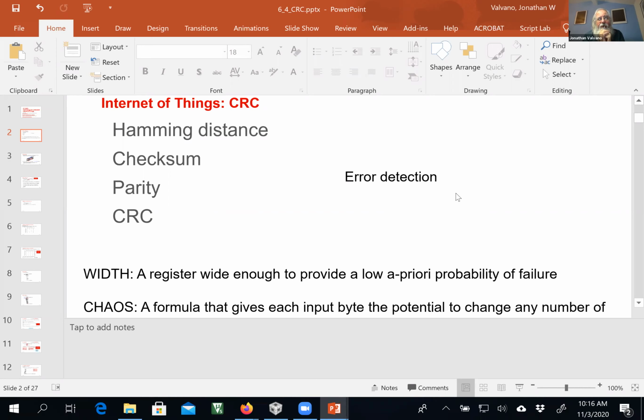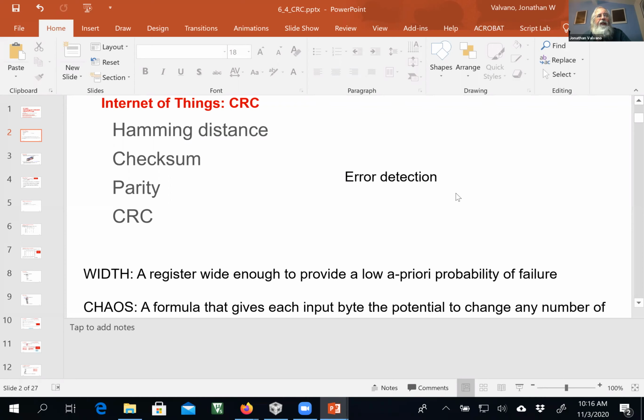Okay. All right. What's the second criteria of an error detection code that makes it more robust? Use division, introduce chaos. Chaos. Okay. Now, CRC is just one way, right? It's just one thing that is very chaotic.